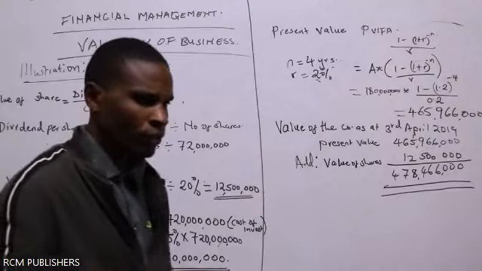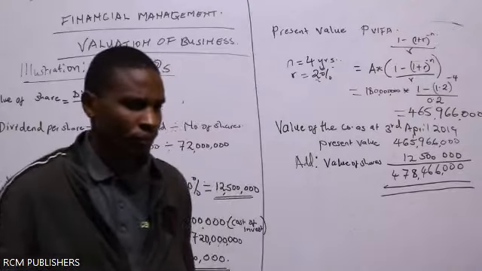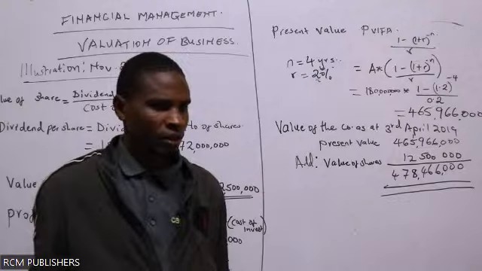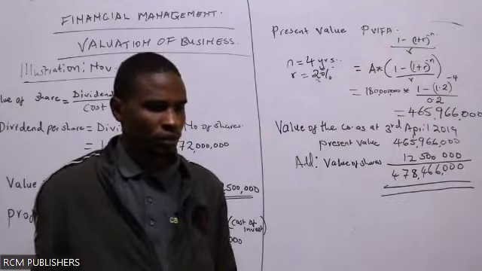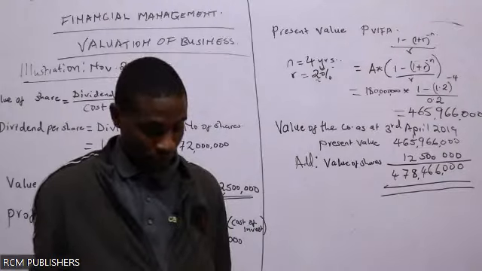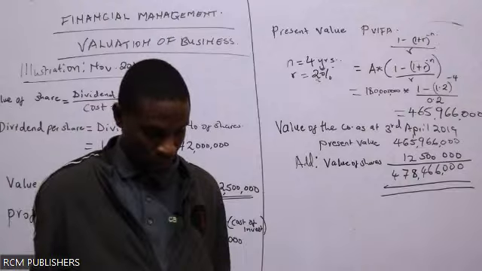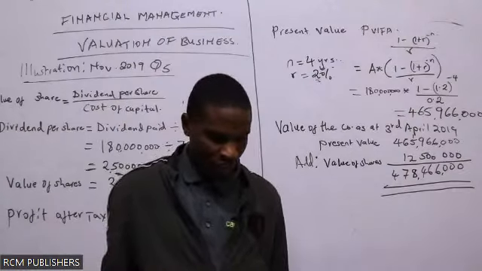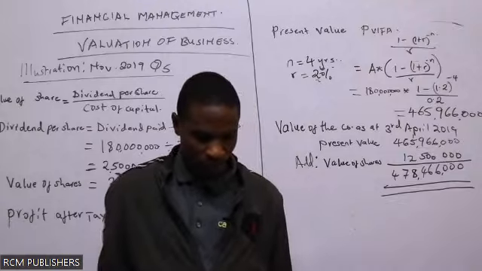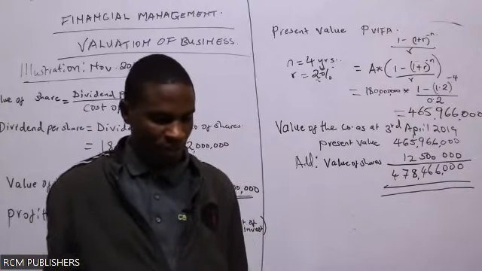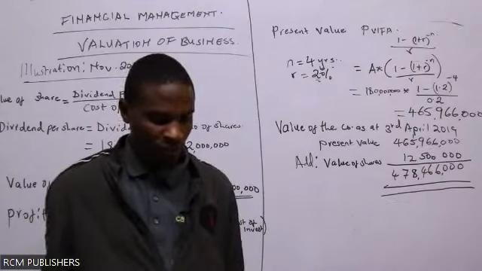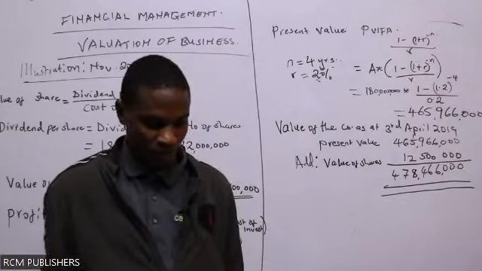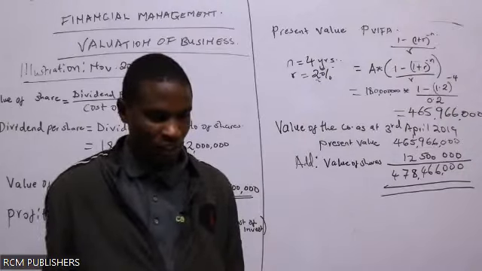Will it be right to, if we take 465 minus 720? Okay, let me look at that. On 3rd April 2019, the management of the company was awarded a 4-year tender that would cost 720 million. The directors decided to finance the tender by issuance of ordinary shares at par.